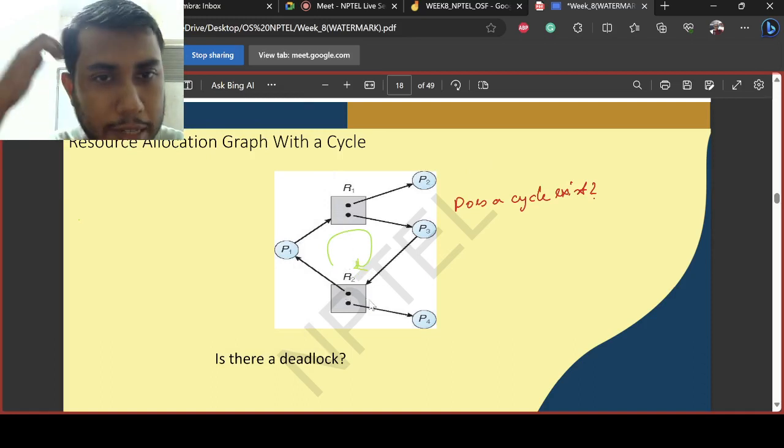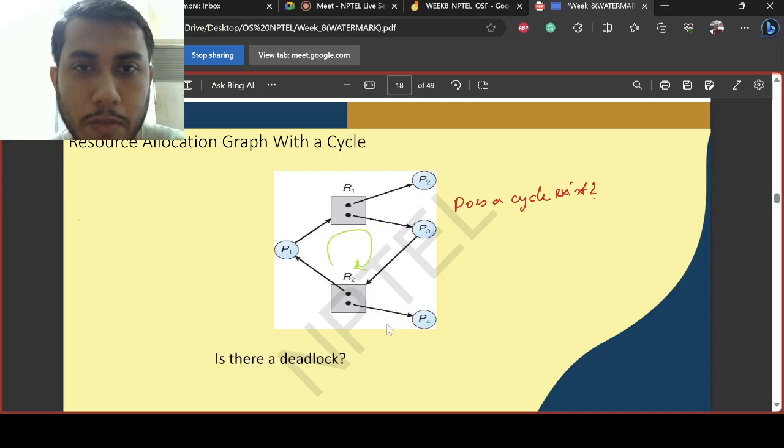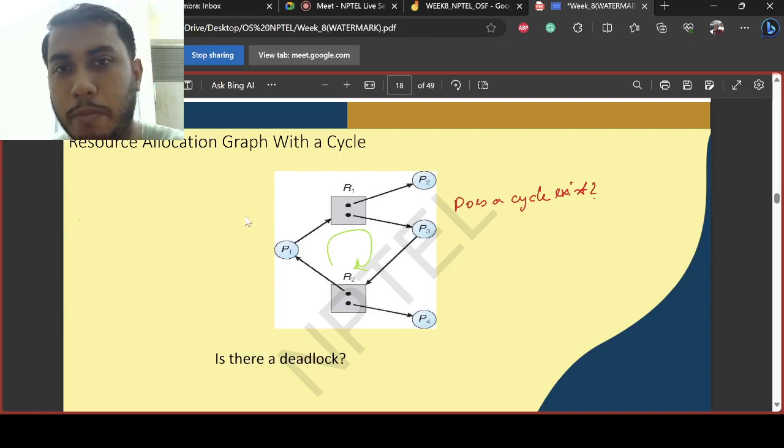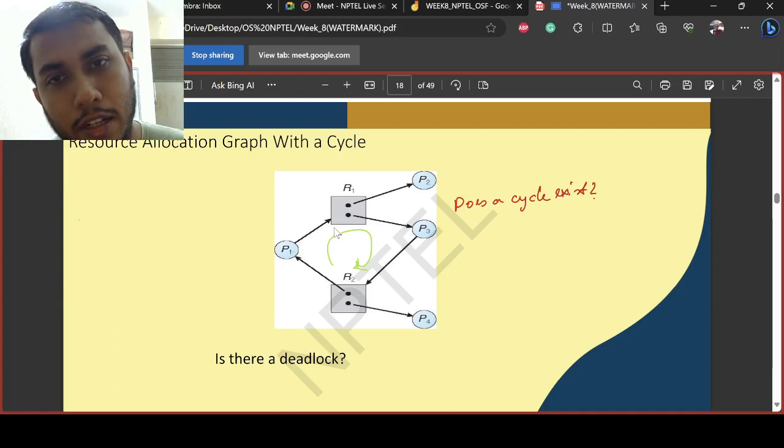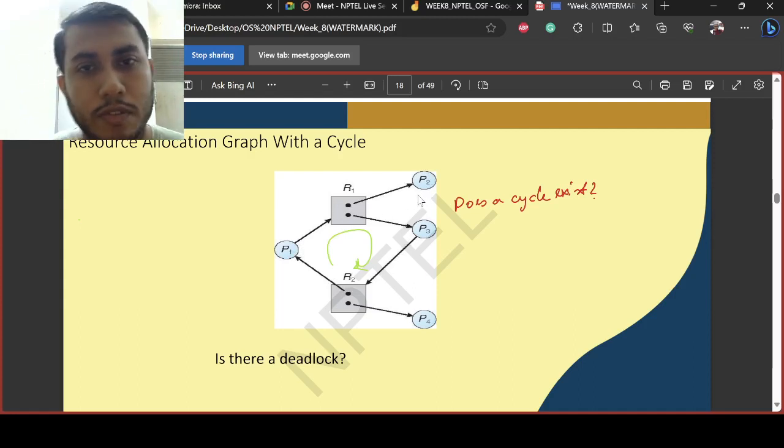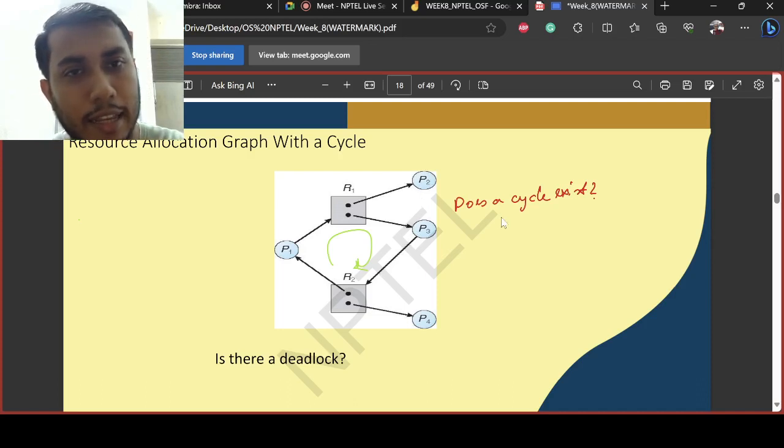So in this graph, what is happening? P4 is currently holding one instance of R2, and P1 is holding one instance of R2. P3 is holding one instance of R1 and is requesting one instance of R2. P1 is wanting one instance of R1 and one instance of R2. So here a cycle exists.